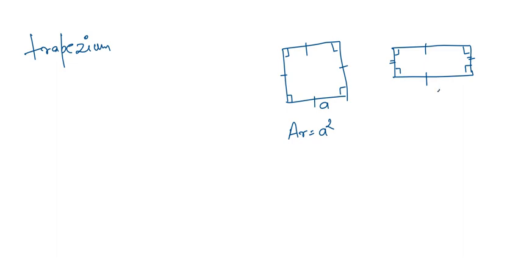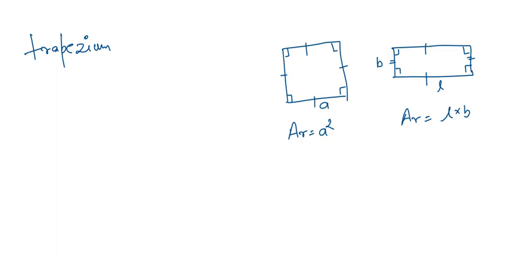If I have length L and breadth B, then the area of my rectangle would be L into B, L cross B. So I can easily find the area of a square if any of the sides is given, and I can find the area of a rectangle if length as well as breadth is given to me.